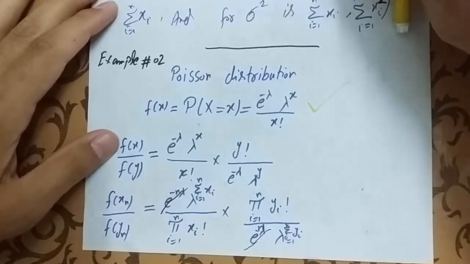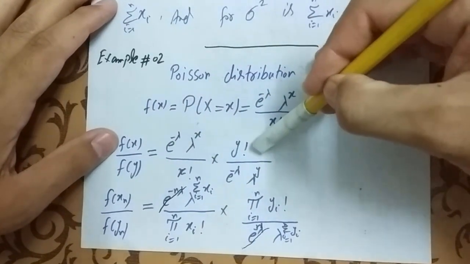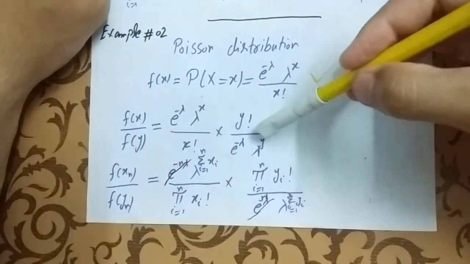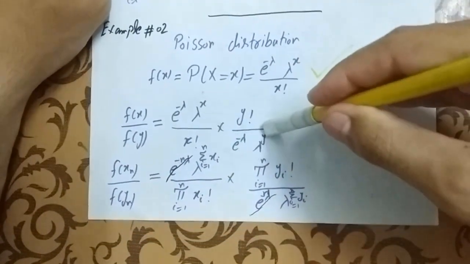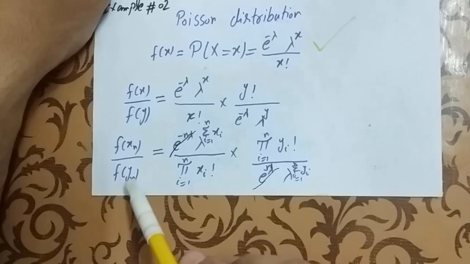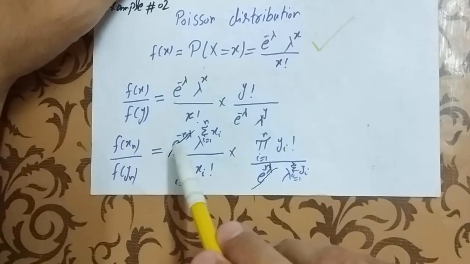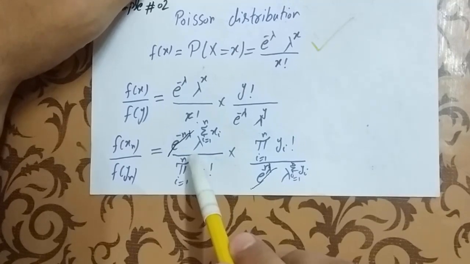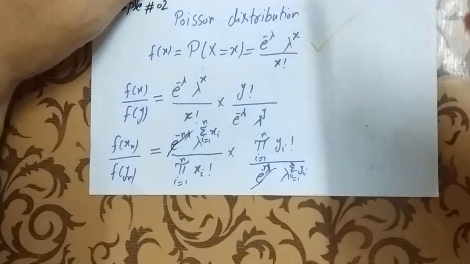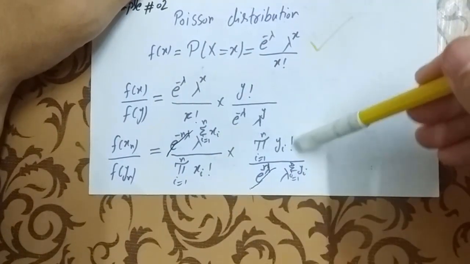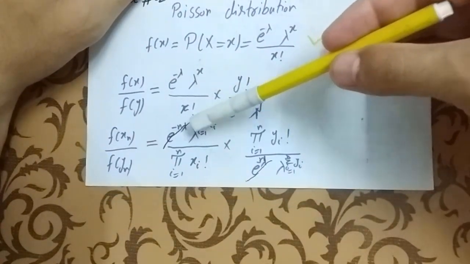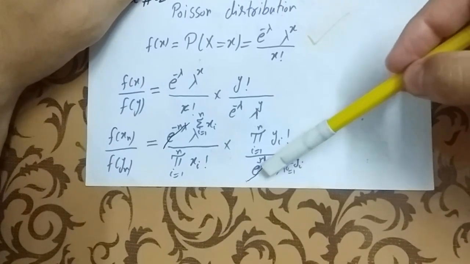This expression is for a single experiment, and now we apply the same up to nth, just like the above example: f of xn over f of yn is equal to e raised power minus n lambda into lambda raised power summation xi over the product of xi factorial, just like above, with yi over this. And here we see e raised power minus n lambda is cancelled out with this e raised power minus n lambda.